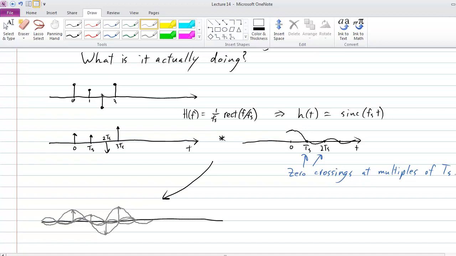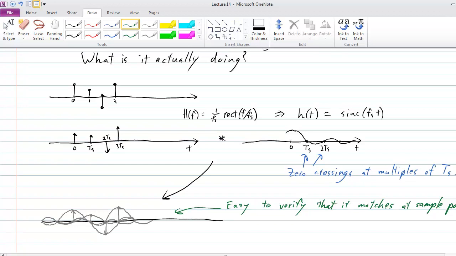Because when you add all these sincs together, all of them are 0 except the one that was convolved by that delta function.